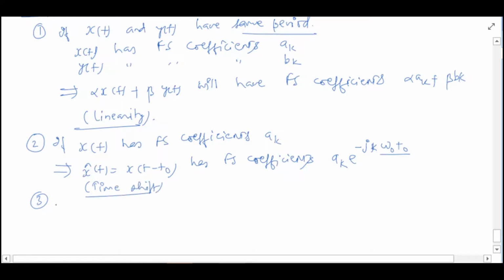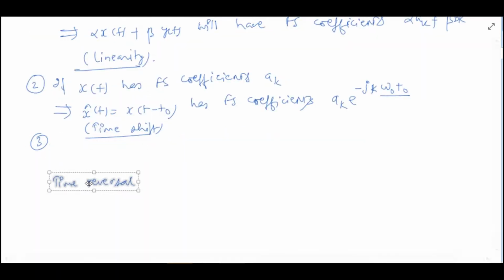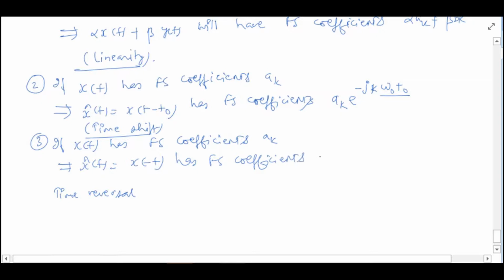The next property that we will see is called time reversal. So what does it say? It says that if x(t) has Fourier series coefficients a_k, then x hat(t), which is x(minus t), has Fourier series coefficients a_minus k.